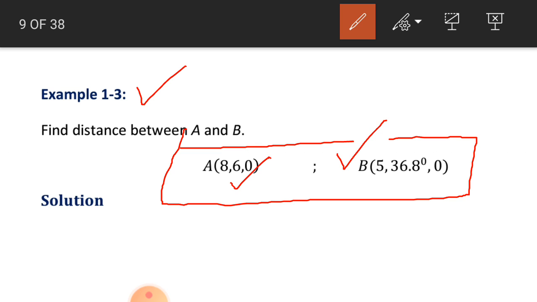In order to calculate the distance between these two points, we transform point B from the cylindrical coordinate system into the rectangular coordinate system.